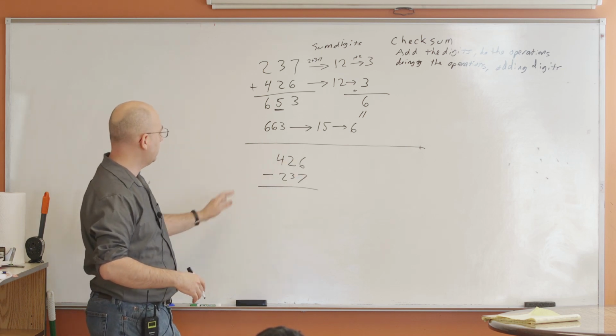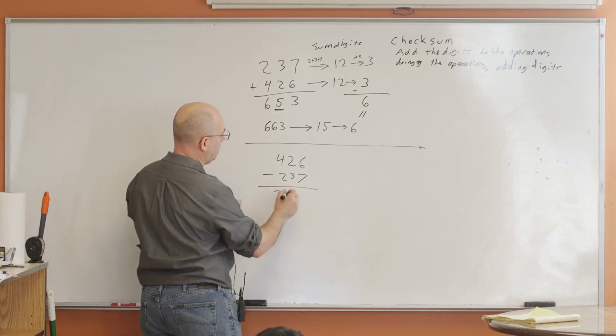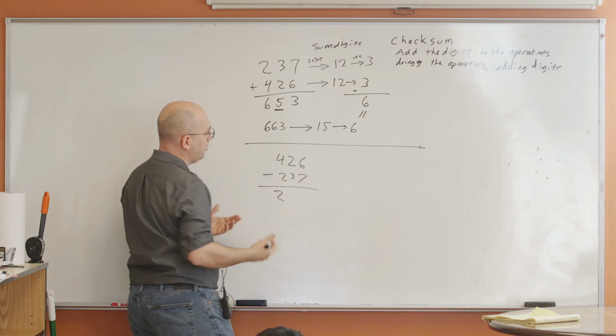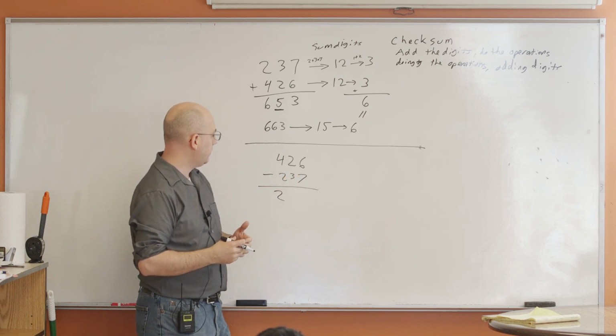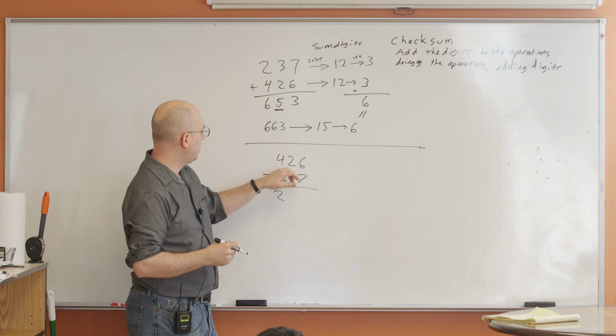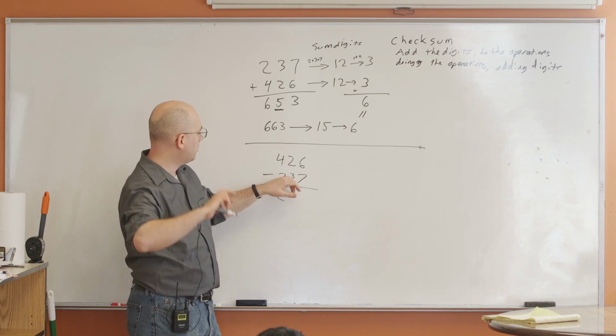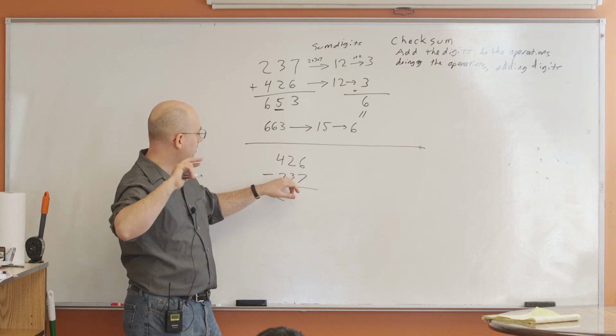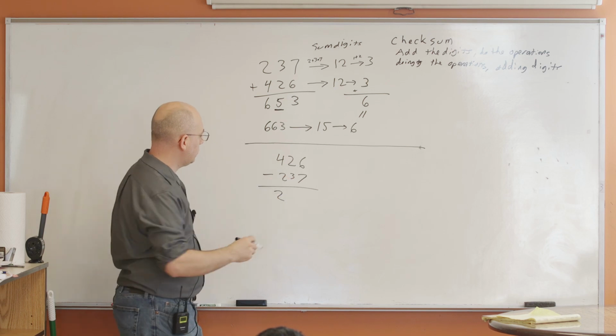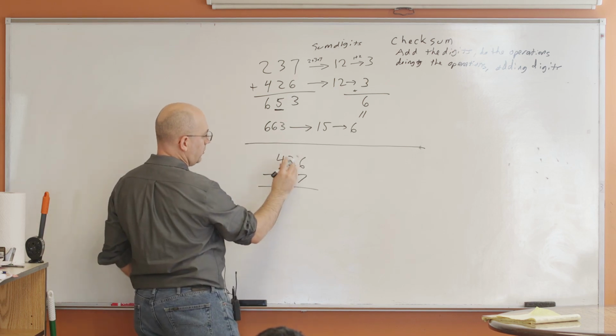Again, left to right, 4 minus 2 is 2. 2 minus 3, well, we don't want a negative number here. So instead of subtracting 3, we look at its complement, meaning the number that adds to 10. So you replace this minus 3 with a 7. And then 7 plus 2 is 9.